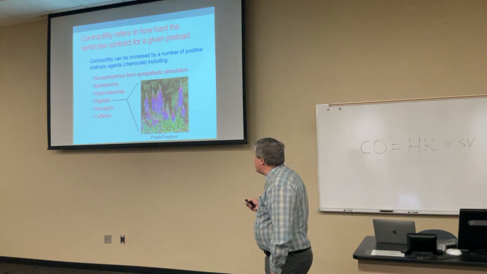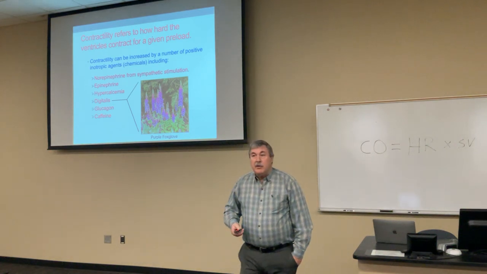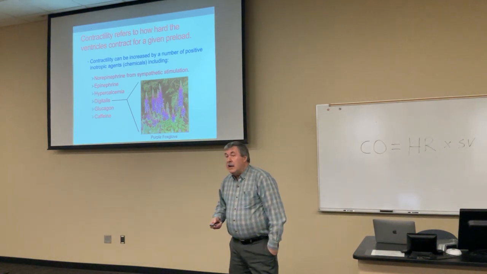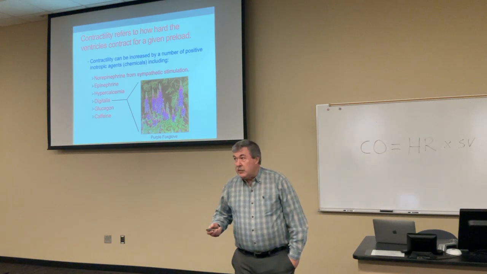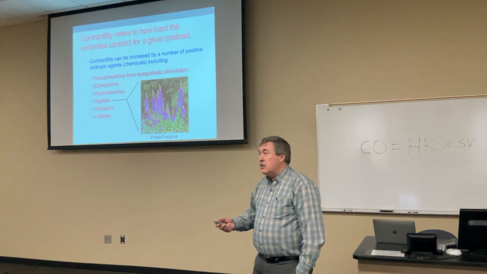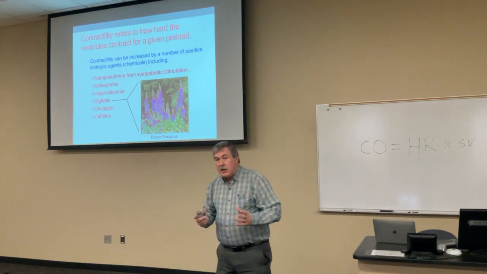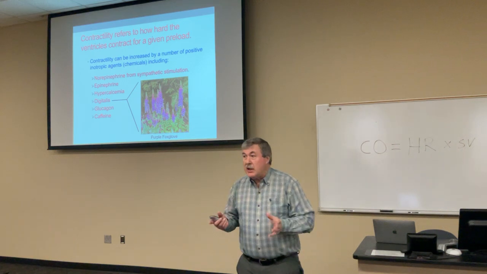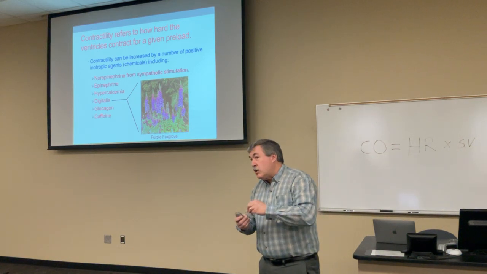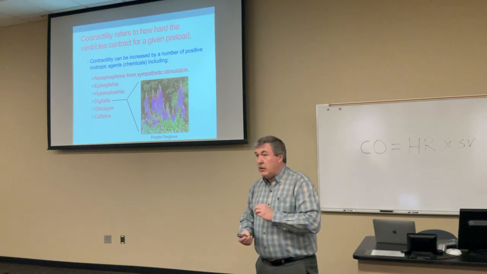Okay. Another factor that can increase contractility is hypercalcemia. If you increase the concentration of calcium in body fluids, that's going to increase contractility, because if you increase the concentration of calcium in the extracellular fluid, that's going to increase the concentration gradient for calcium.